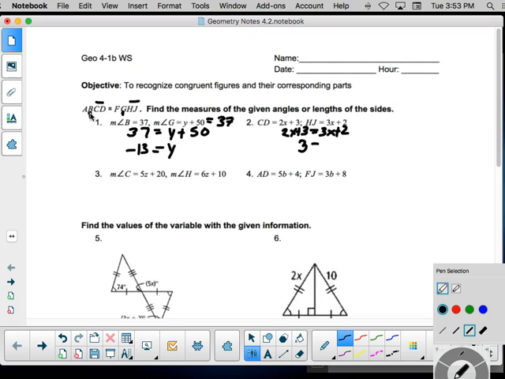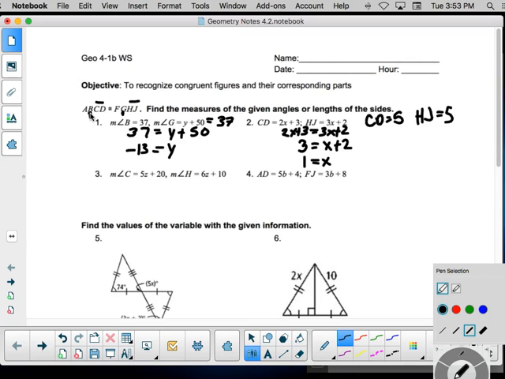And now 3 is equal to x plus 2, and I subtract, and 1 is equal to x. So I plug that in, and I find that CD is 5, and HJ is equal to 5 as well.